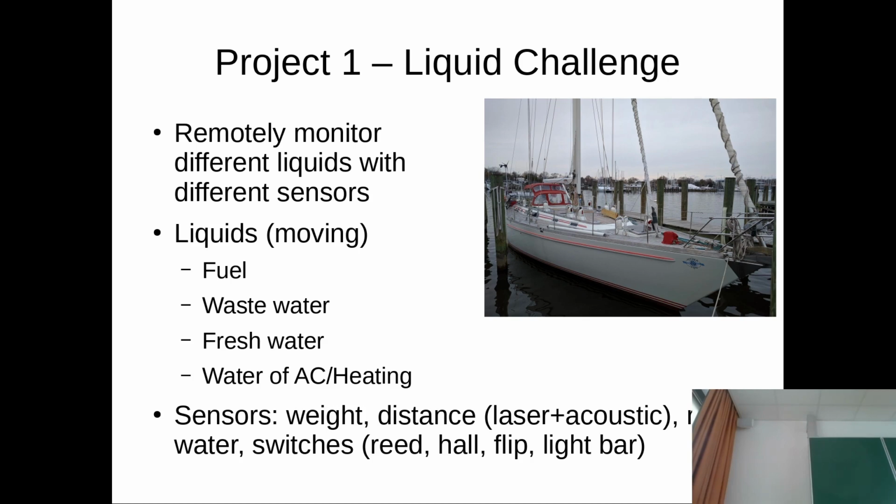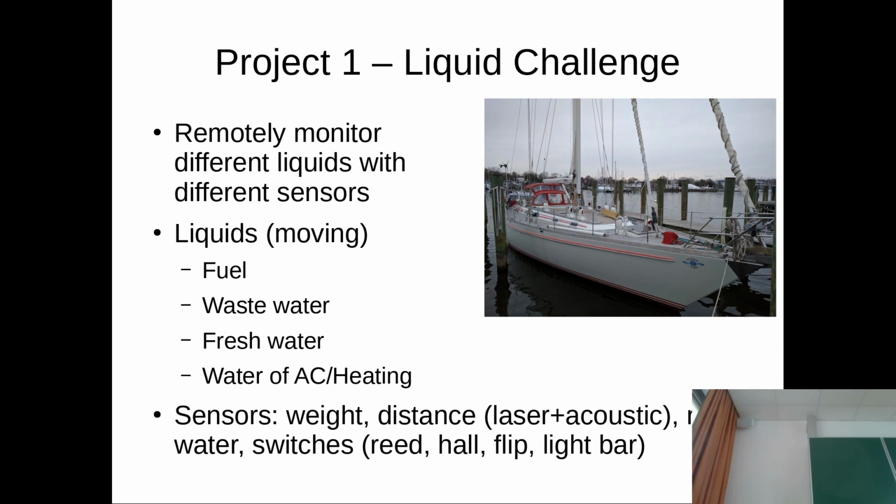As we have a lot of sensors we can use for measuring liquids, your task is to develop a solution for my friend for how we can equip a boat and report on all these liquids. So we have weight scales.